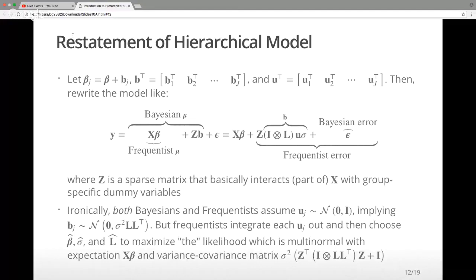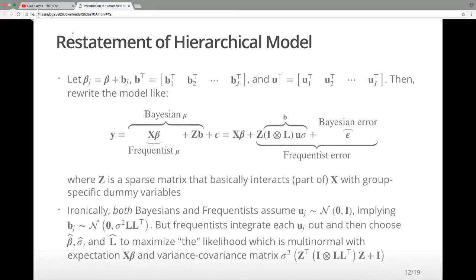And so there are two ways that you can think about an expression like this. From a Bayesian perspective, the conditional mean of y given X and Z is this whole thing here. When frequentists look at the same equation, they say the conditional mean of y given X only is just this part here, X times beta.